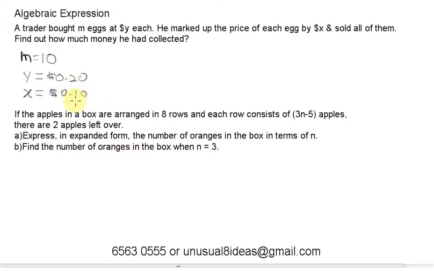Alright, it could be $2, $1. It doesn't really matter. So if you were to buy 10 eggs, you have to spend 20 cents each, and you decide to mark up 10 cents for each egg. How much money would you be collecting if you're able to sell them all?